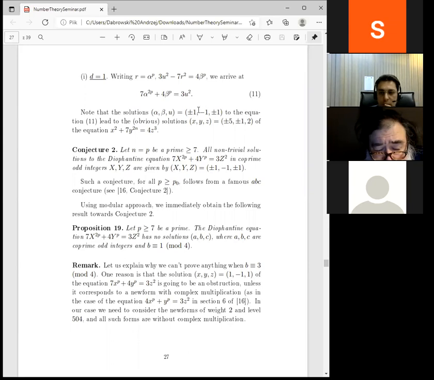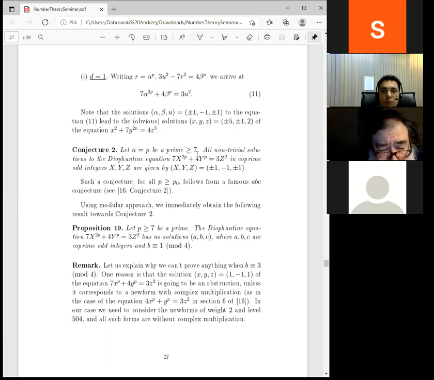These solutions lead to the obvious solutions of my Diophantine equations. And we conjecture that these are all, but we are not able to prove it. Firstly, let us mention that under the ABC conjecture, one can prove that these are the only solutions for sufficiently large primes, so it's an asymptotic Fermat type result.